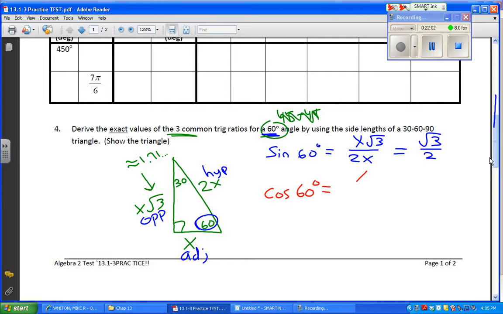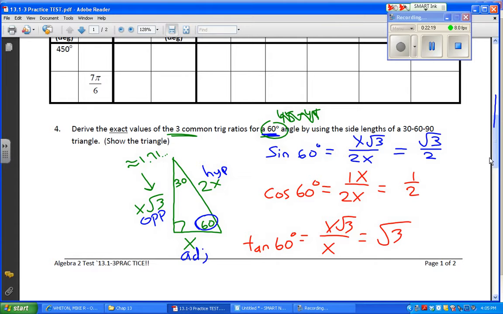Adjacent is x, hypotenuse again is 2x. And 1x over 2x reduces to 1/2. And then the tangent of 60, opposite over adjacent, so x root 3 over x. The x's cancel out. The tangent of 60 is root 3.